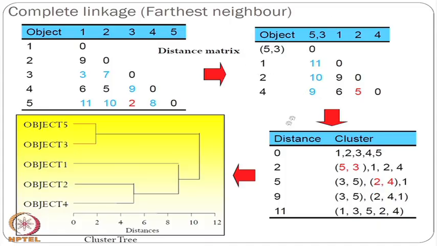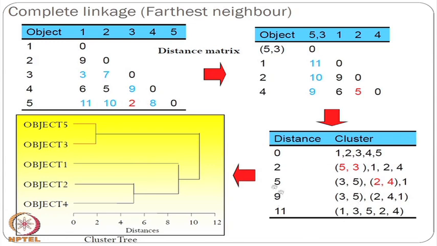In that case, if you go on grouping, your grouping is 5 3 again first, then your 2 and 4, then finally 1 is coming, and finally all will be grouped. But here, in the distance measure, you are sacrificing a distance of 11 for one group, because here you have considered the maximum distance, and you see in this table the maximum distance is 11.